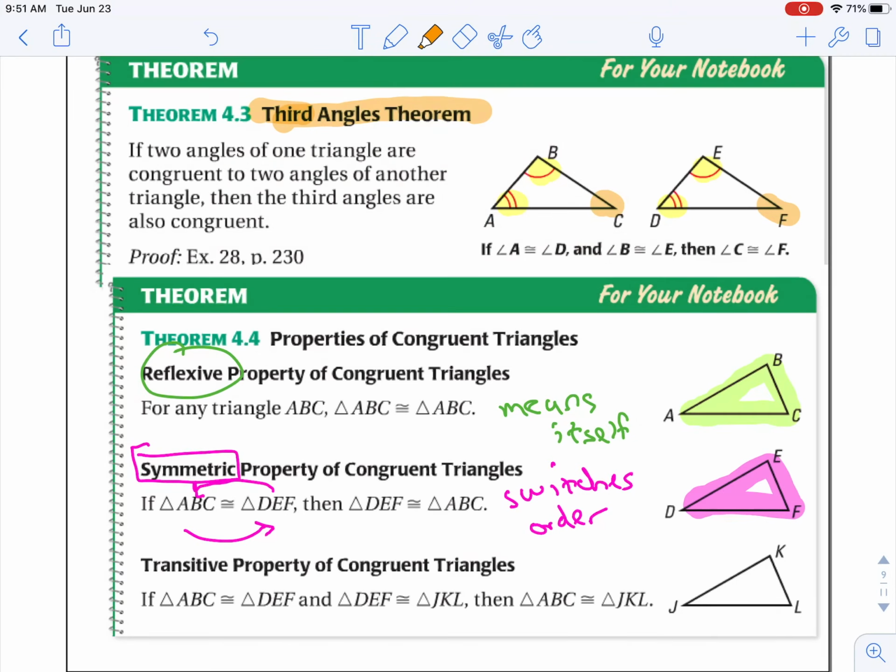And last but not least, the transitive property says this. If ABC is congruent to DEF and DEF is congruent to JKL, then basically all three of them have to be congruent. So then it means that ABC will be congruent to JKL. So this is like a logic chain.